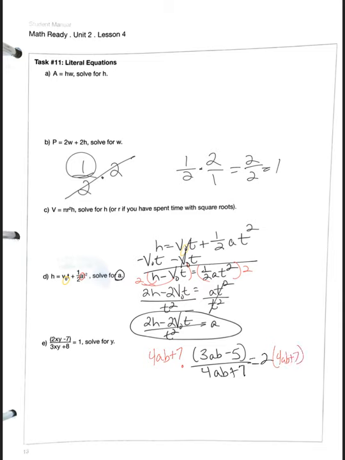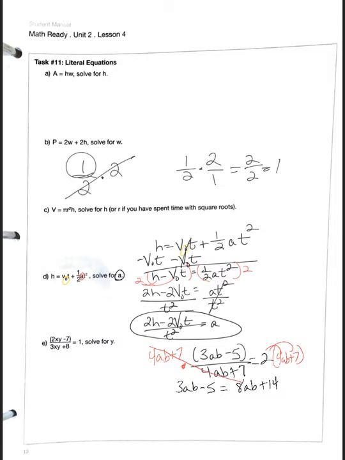Remember what I said, if you multiply a fraction by its denominator, it cancels out the bottom, and you're left with what's on top. So we're just left with 3AB minus 5 equals, on this side you got to do distributive, and that's going to be 8AB plus 14.